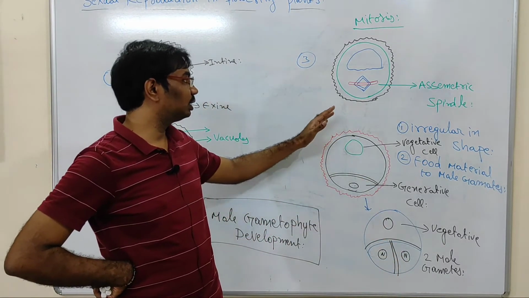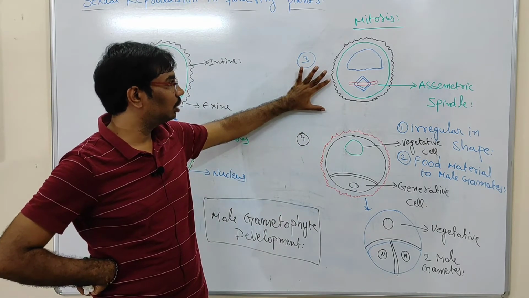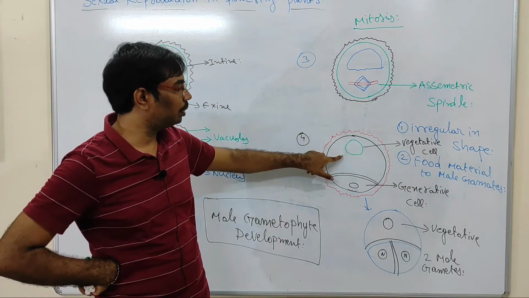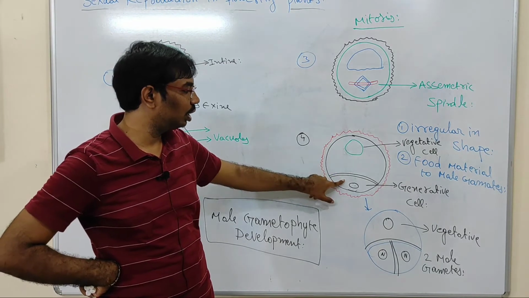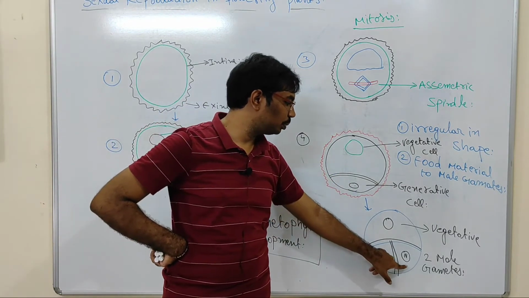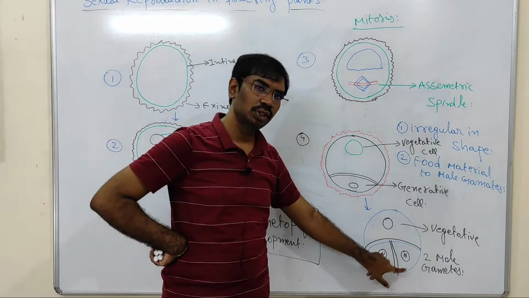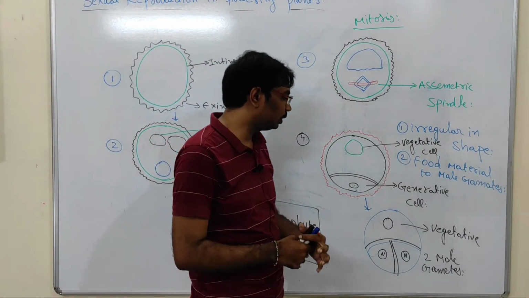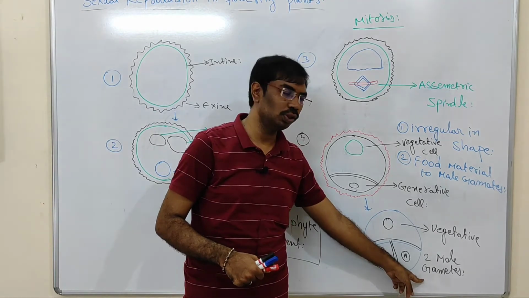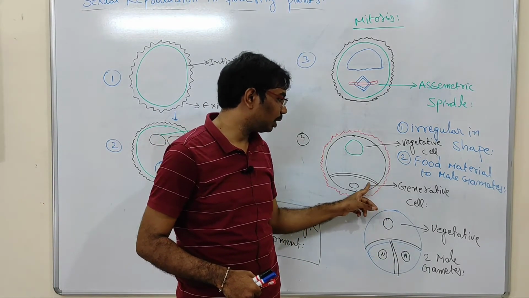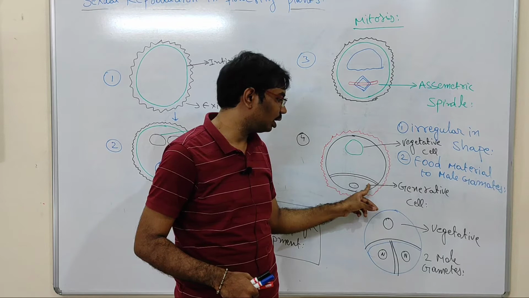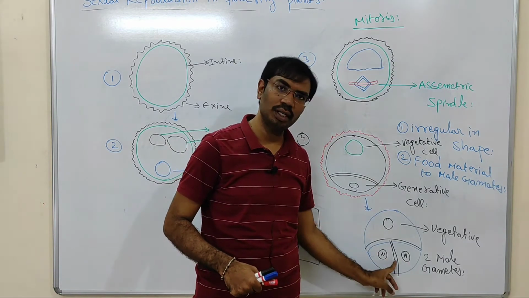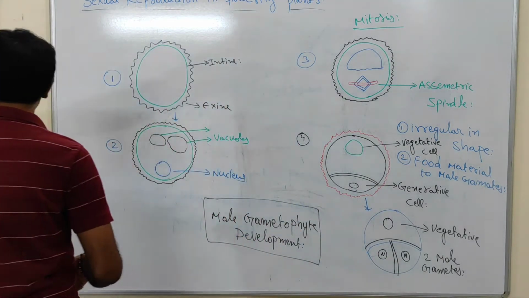Remember, one mitosis forms the vegetative and generative cells, and the other forms the two male gametes. From which cell are the two male gametes produced? From the generative cell; mitosis takes place in the generative cell and leads to the formation of two male gametes.